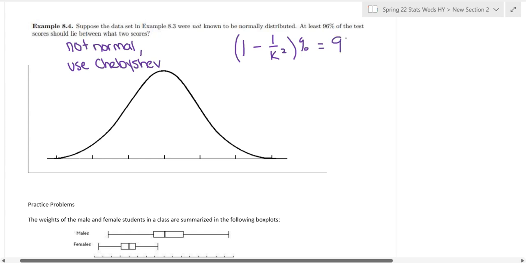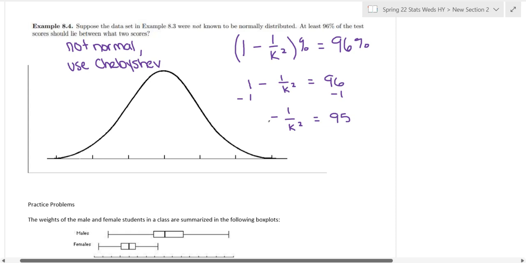So 96%, if we add that in here, we can find k, right? So we would take this 1 minus 1 over k squared equals 96. Subtract 1 from both sides. Gives us negative 1 over k squared equals 95.